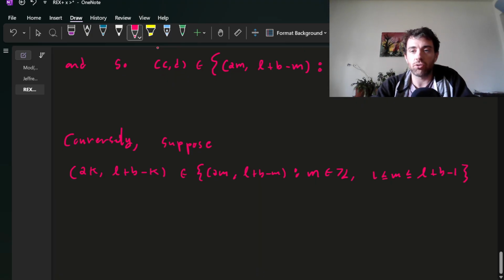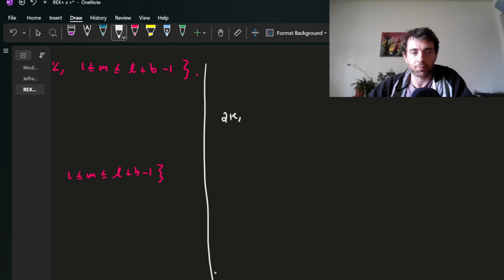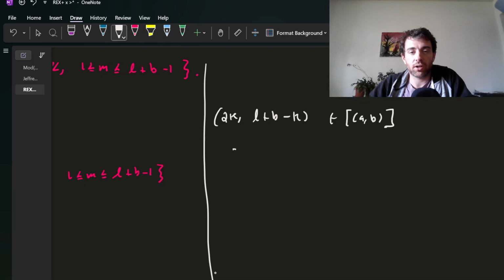So what do we need to do then? Let's think about our goal. Separately over here, our goal is to show that this pair, 2k, L plus B minus k, belongs to the equivalence class of AB, right? So what does that mean? That means I need to show that A plus 2B is equal to 2k plus 2 times L plus B minus k.